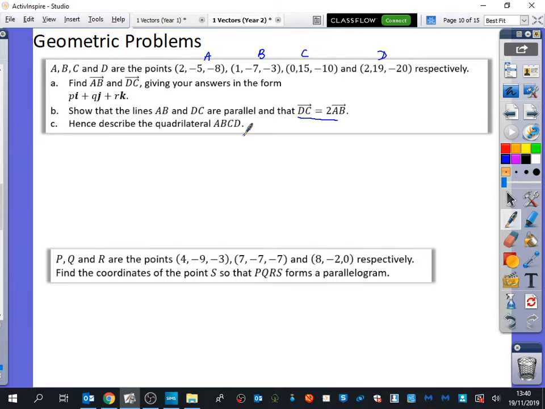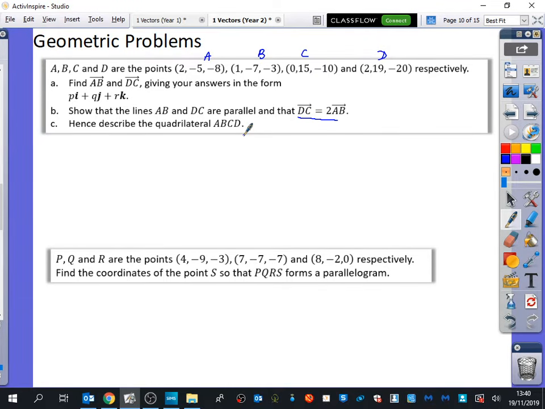Oh, okay, right. Anyone think they can describe the quadrilateral ABCD? Is it an isosceles? No, it's not. No, it's not a rectangle. It's a trapezium. So the answer is a trapezium. We're going to see why in a second. But it's interesting, you don't even need to do the question to know that it's a trapezium.